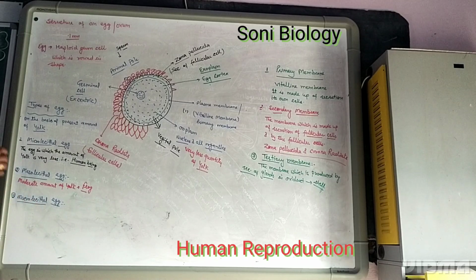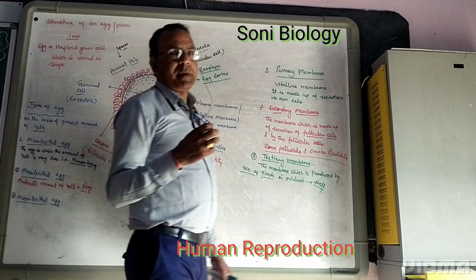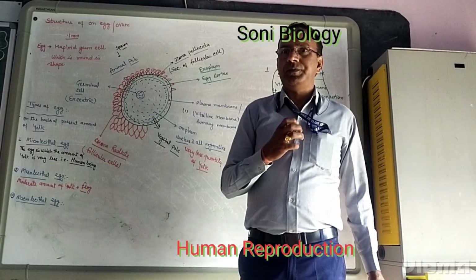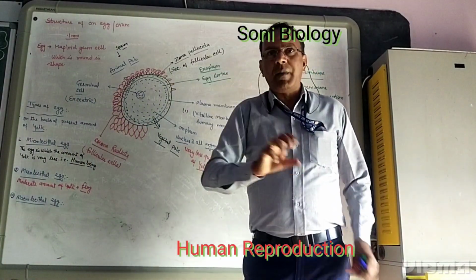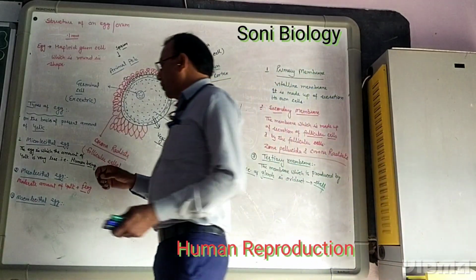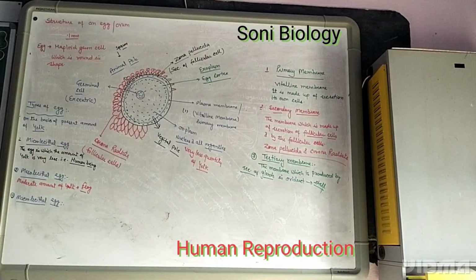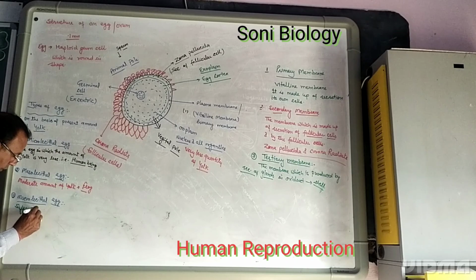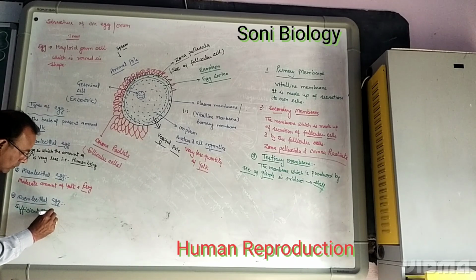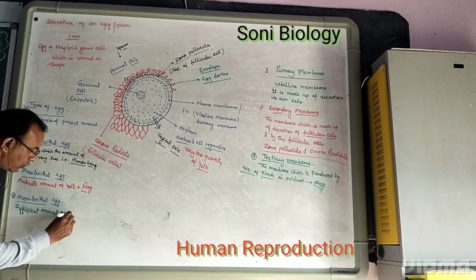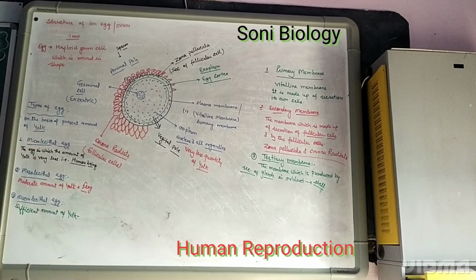And the egg in which yolk is present in sufficient amount, meaning the required amount is present, is called a macrolecithal egg. Sufficient amount of yolk present, that is called a macrolecithal egg.